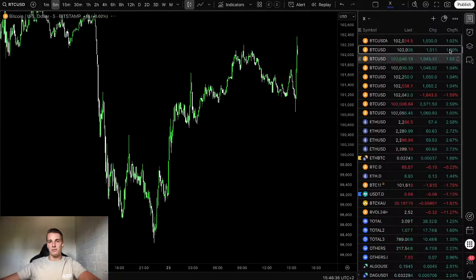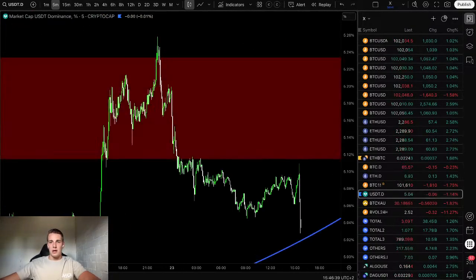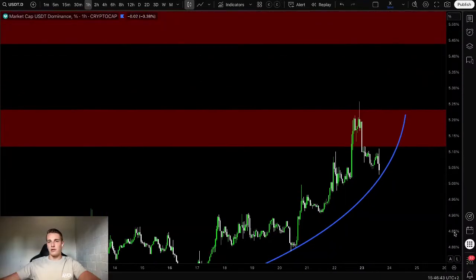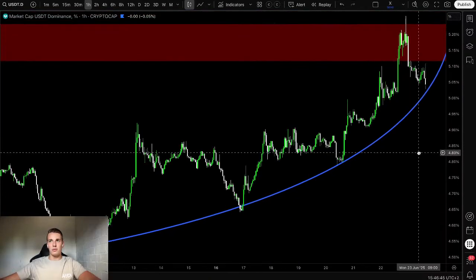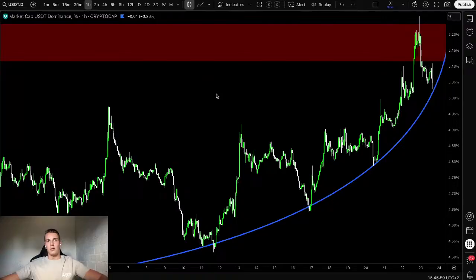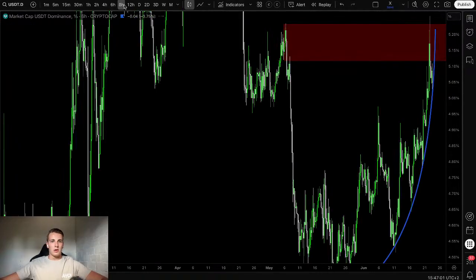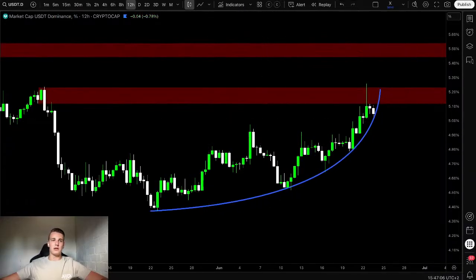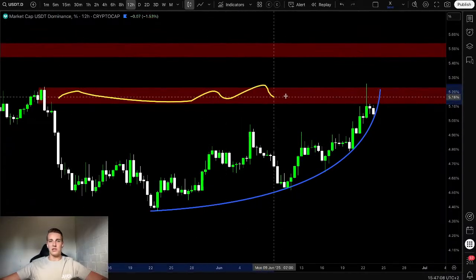Bitcoin also got a pump towards the upside. And the USDT dominance is dropping towards the lower side here, so that's pretty good to see. So yeah, for now I've also drawn this resistance line on the USDT dominance here, and this is the top side.